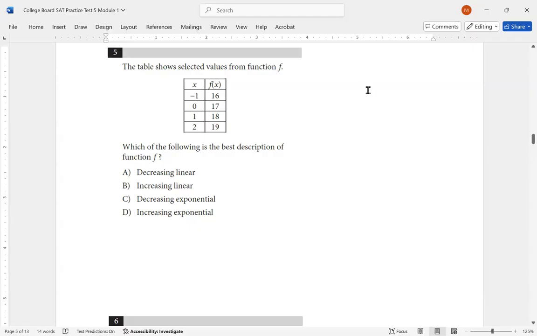And because it's increasing by a factor of 1 each time x is raised by 1, that's the property of a linear function. So we have a linear function which is increasing. And therefore, the answer to number 5 is B. It's an increasing linear function, which is our option B.